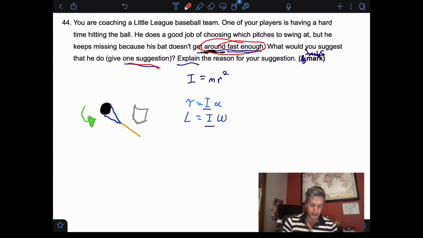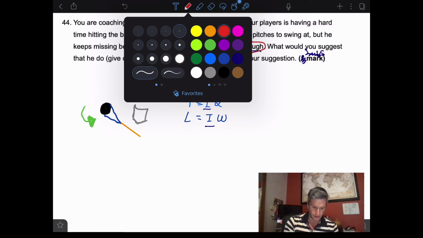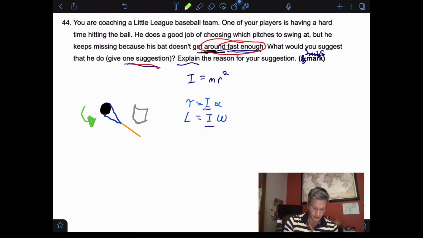If we want our angular velocity, or similarly related, our angular acceleration, to increase, actually, I don't like that. I'm going to have to scooch that out. Okay, let's use green for increase, or go more or faster.